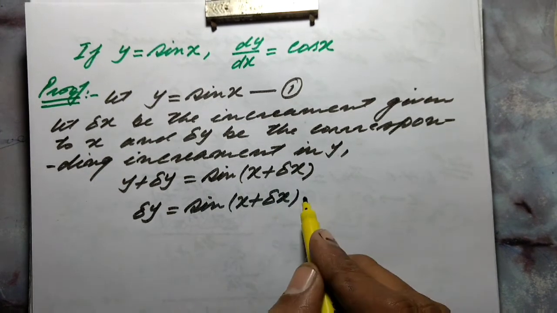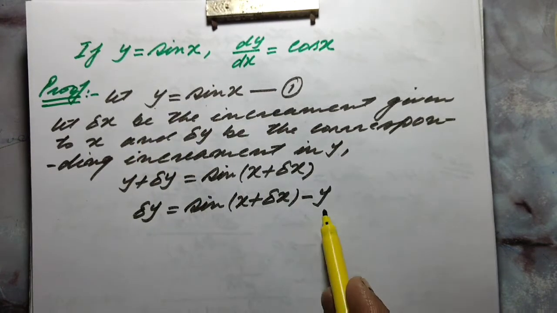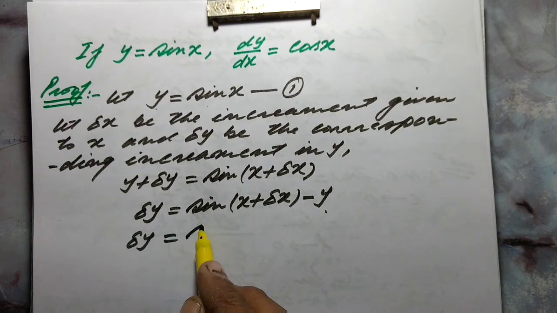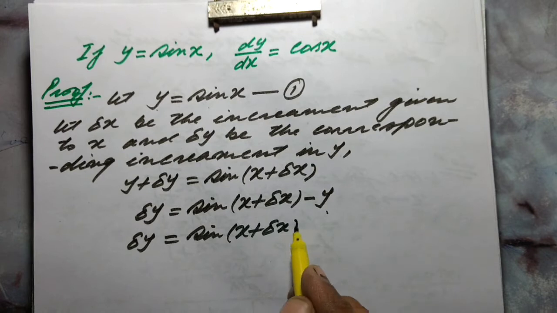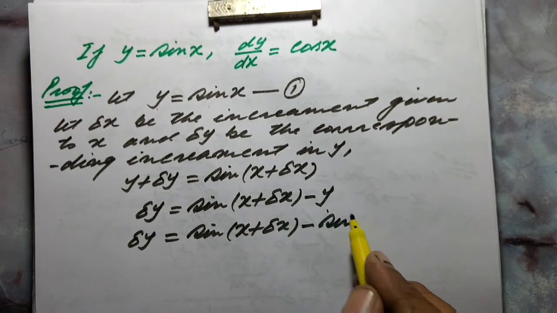Now substituting y is equal to sin x here in this equation, we have delta y is equal to sin x plus delta x minus sin x.